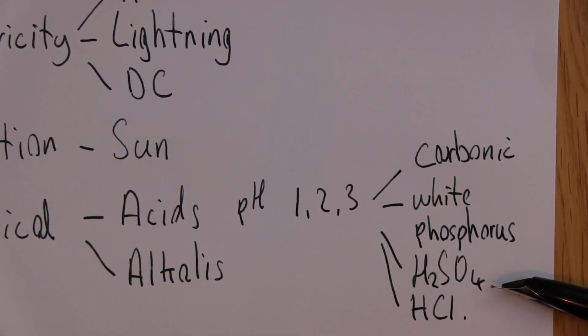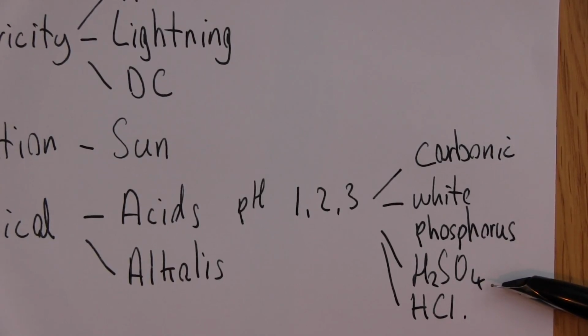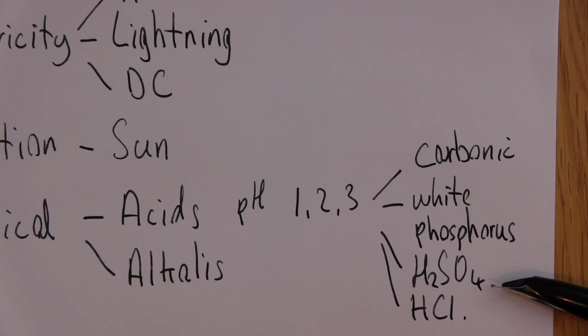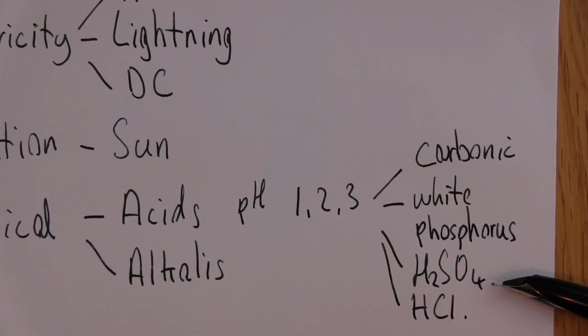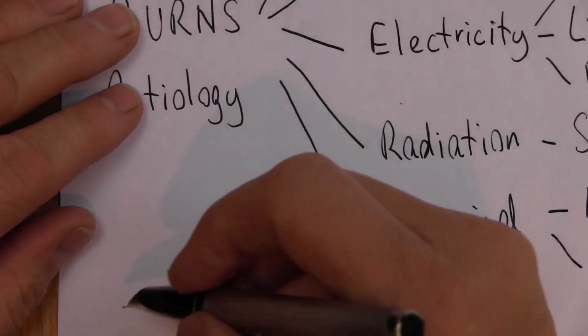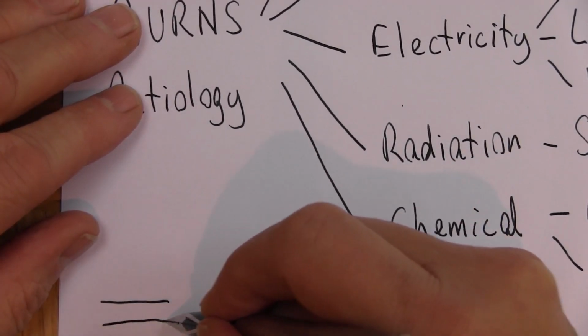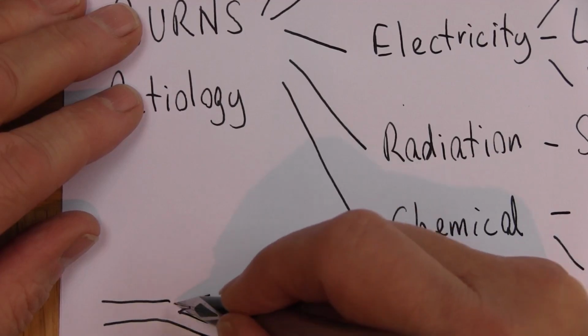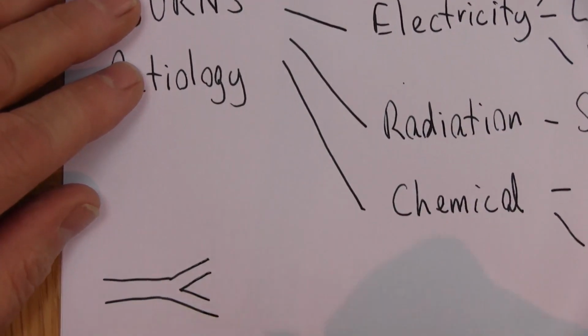And the acids will damage the tissues directly. But acids also cause what we call a coagulation necrosis. So what they will do is the normal blood vessels, taking blood to a tissue, as we know. There's an arterial branch taking blood to an area of tissue.